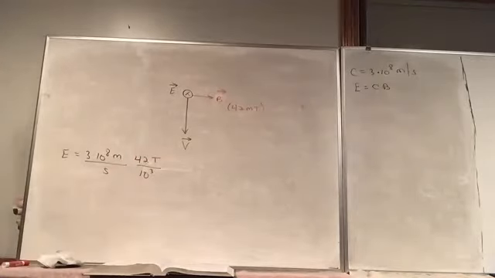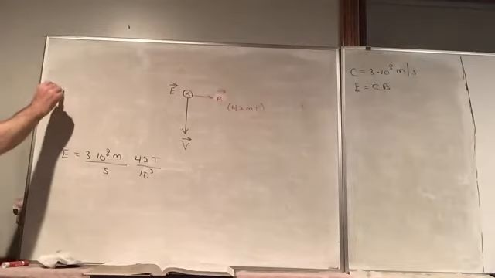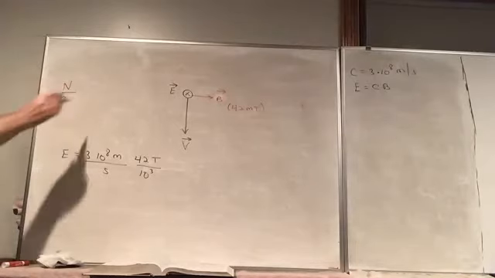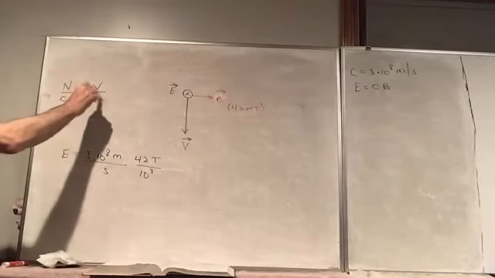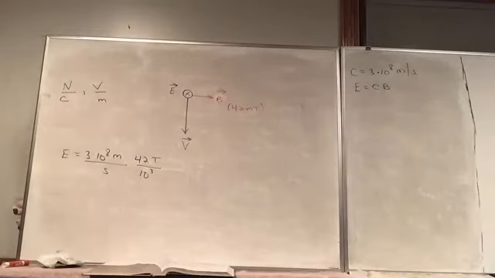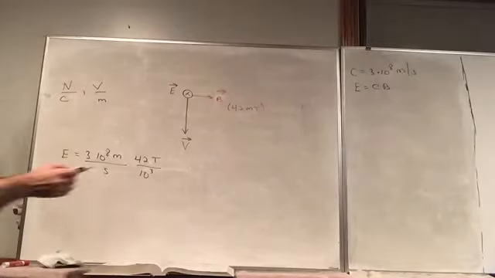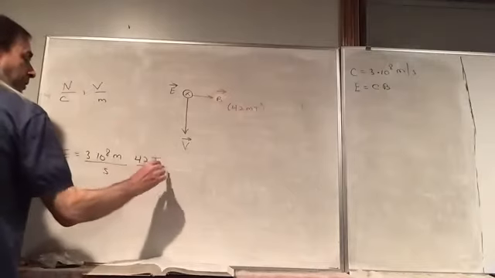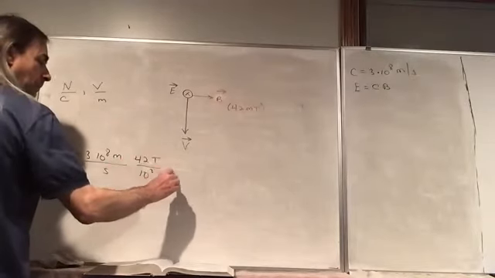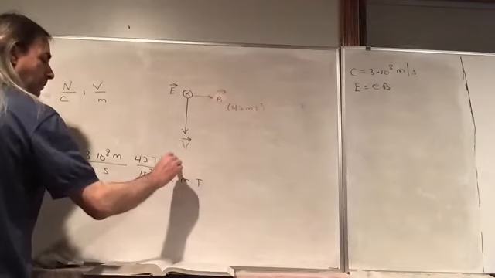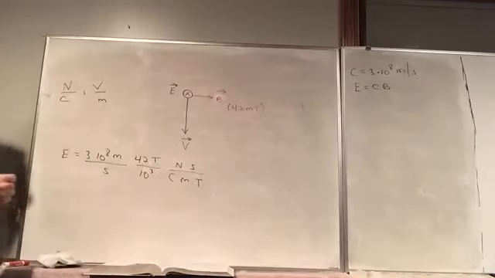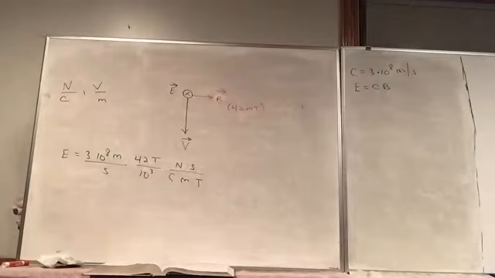Now, an electric field has units of newtons per coulomb or volts per meter. So we want to get at least one of those. They're the same thing. A newton per coulomb is equal to a volt per meter. So let's get one of those two, whichever comes first. A newton times a second is a coulomb meter times a Tesla.